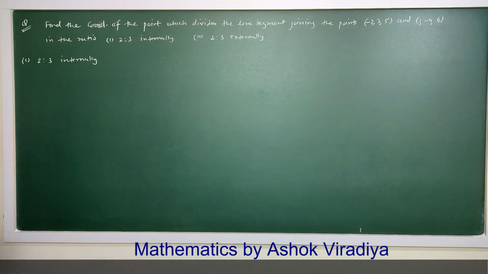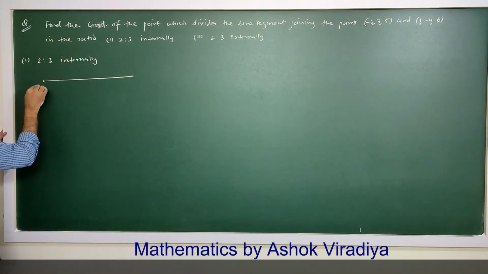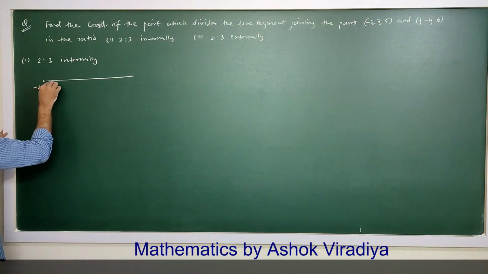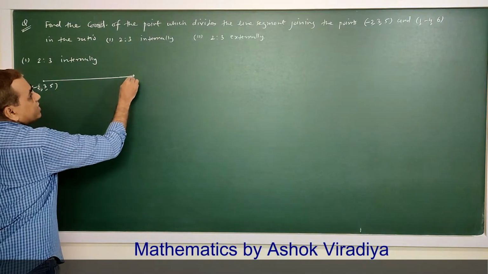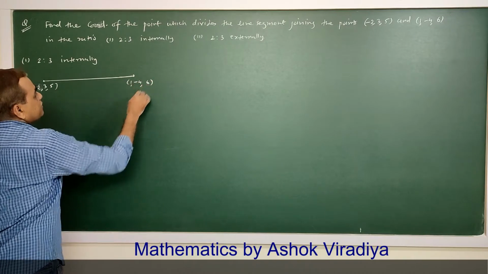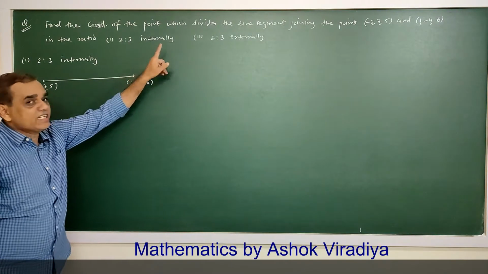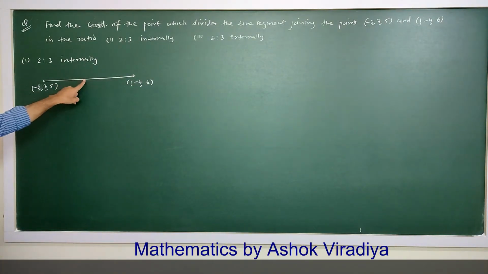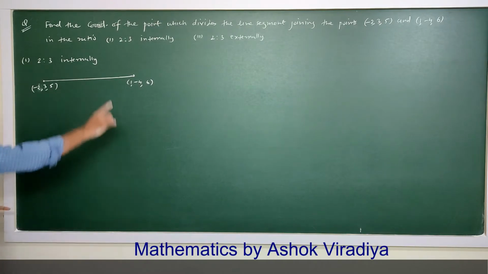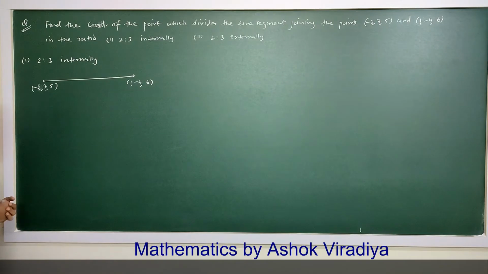That means here this point is minus 2, 3, 5. Second point is 1, minus 4, 6. Point divides internally, means a dividing point lies inside such that it divides this line segment in ratio 2:3.